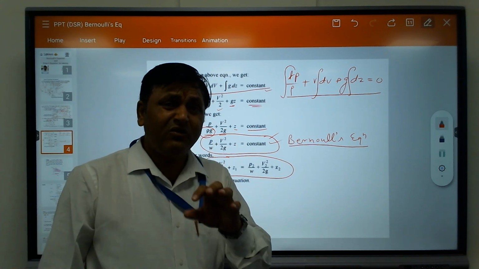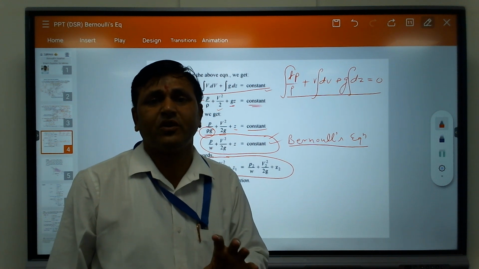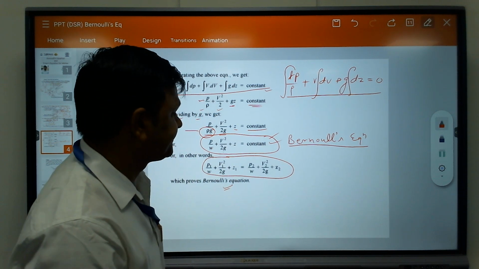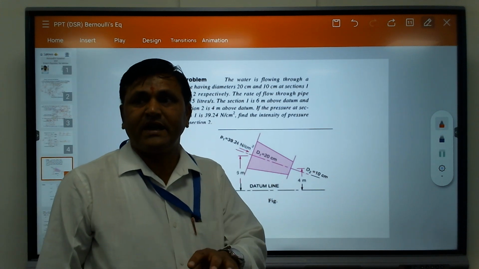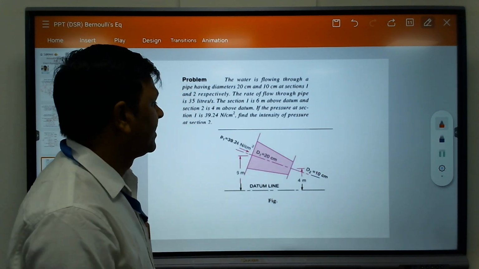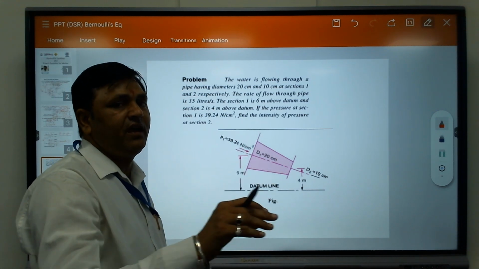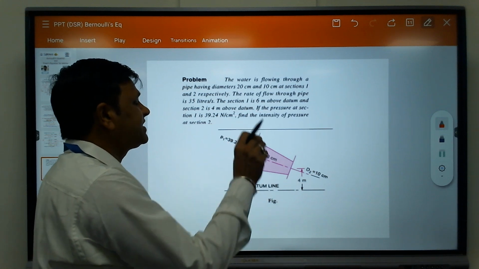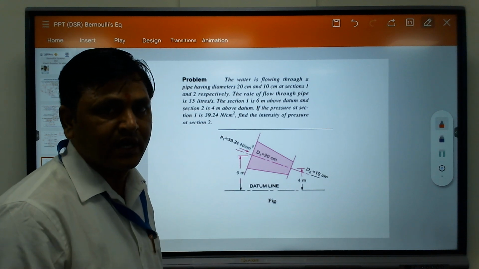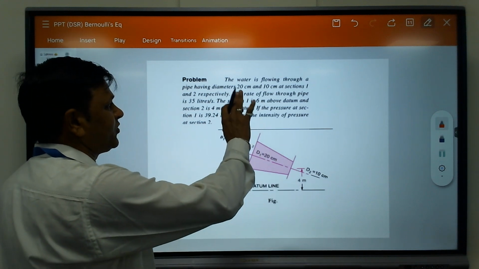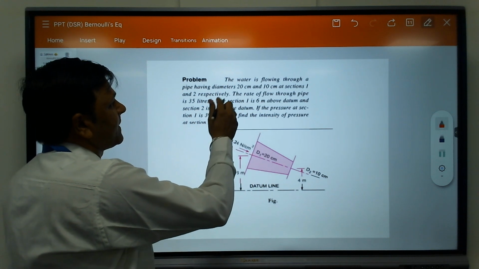Now we will do some numericals based on Bernoulli's equation. In the first numerical, we have to find the intensity of pressure at section 2. First of all, we read the problem.